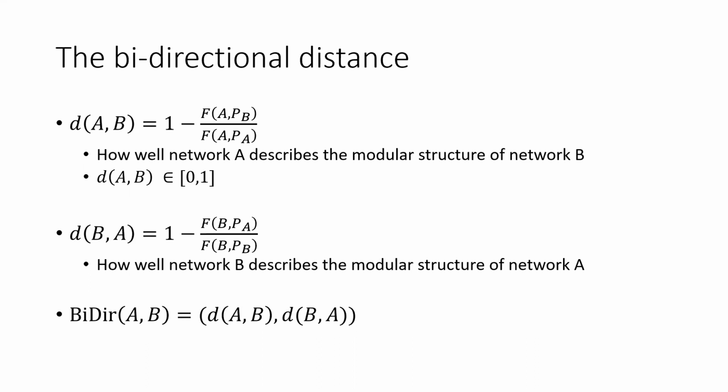Can I ask a question, Mattie? Yeah, go for it. By construction, this will lie between 0 and 1 only if you found the global maximum, right? Yeah. And typically with heuristics, you only get a local maximum. Did you ever see that actually B's partition was a better fit than A's? Yeah, that could happen every now and then.